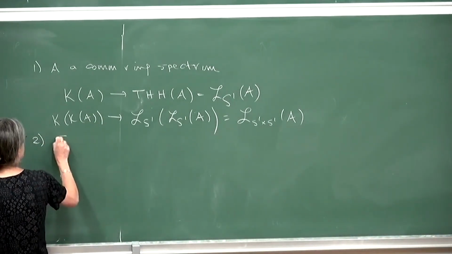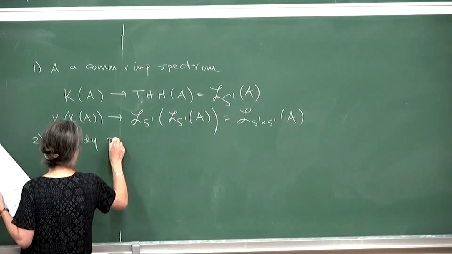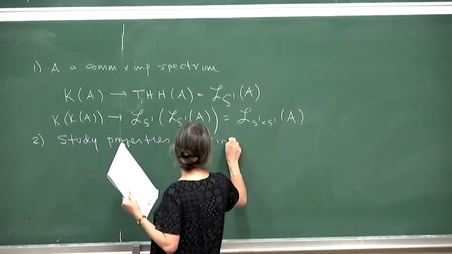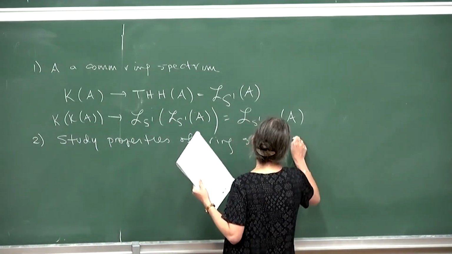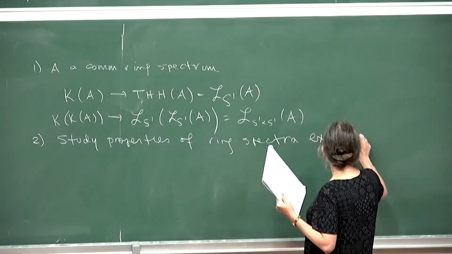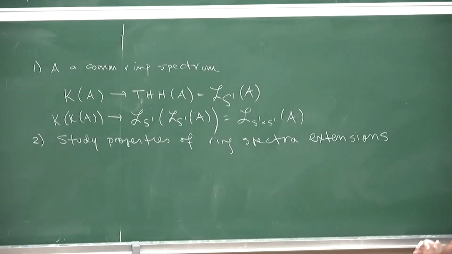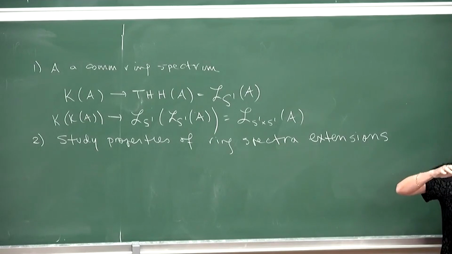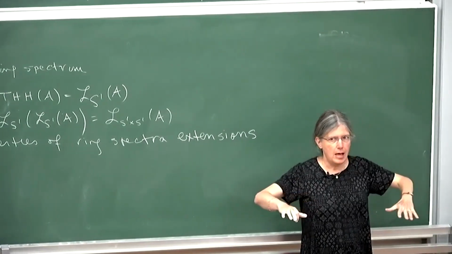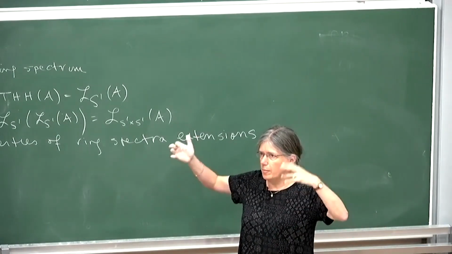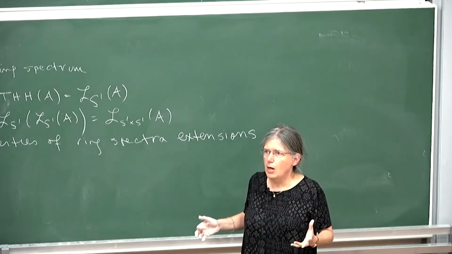And the second thing is to study properties of ring spectra extensions. So the point here is that for discrete ring extensions, there are all these properties the extension could have, and those properties have implications for Hochschild homology. When you try to study extensions of ring spectra, it's a zoo, with many more divergent kinds of behavior.